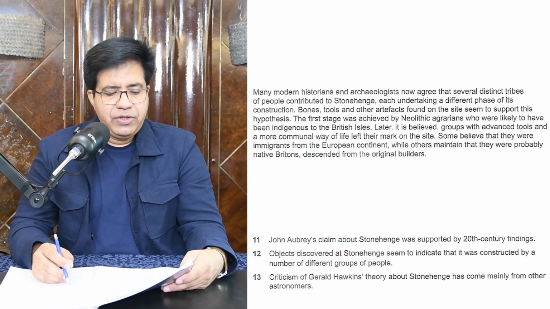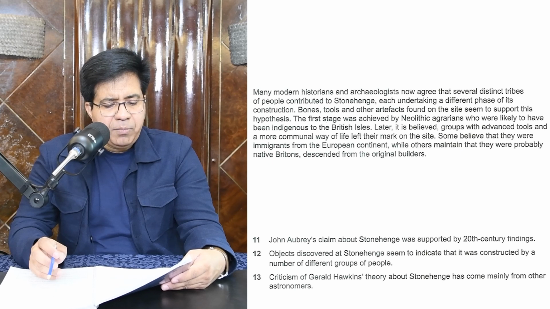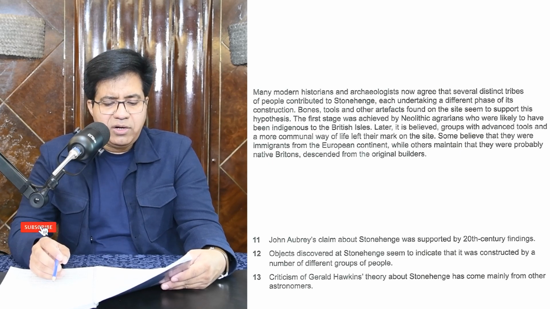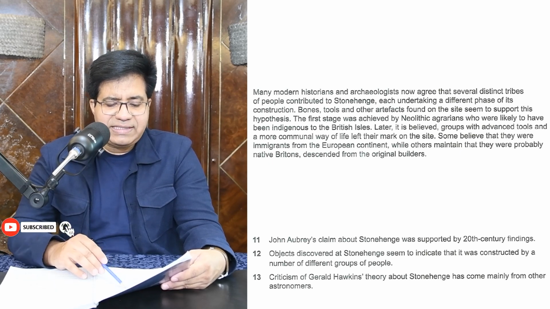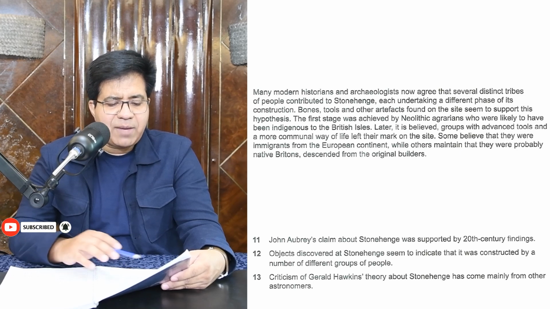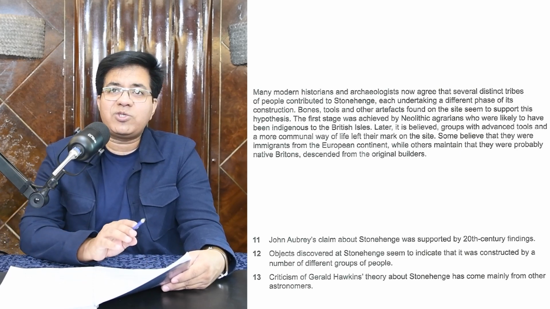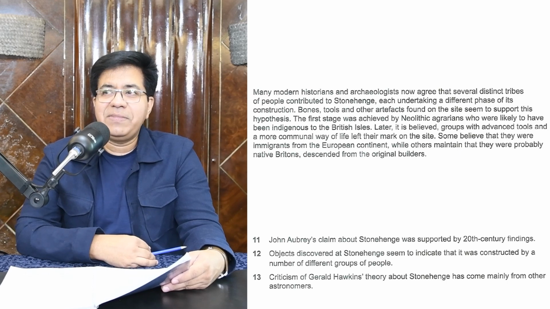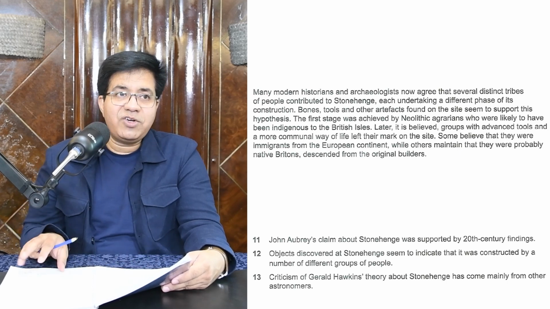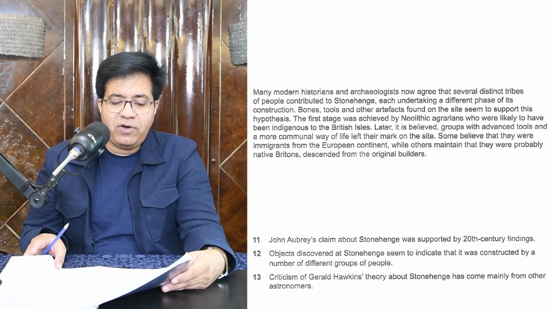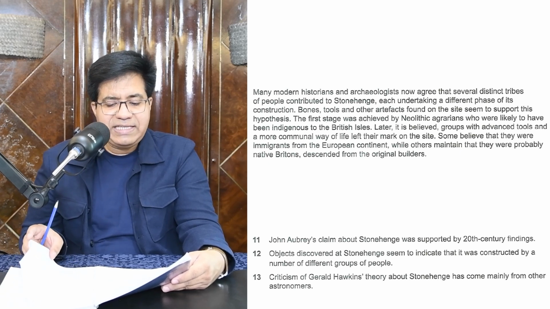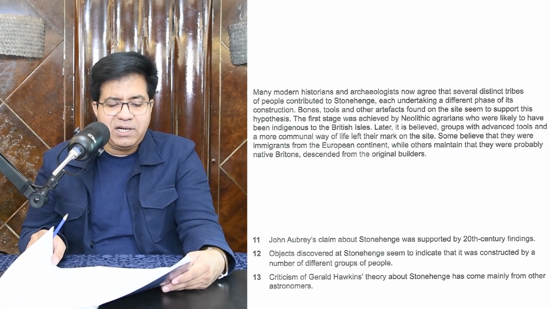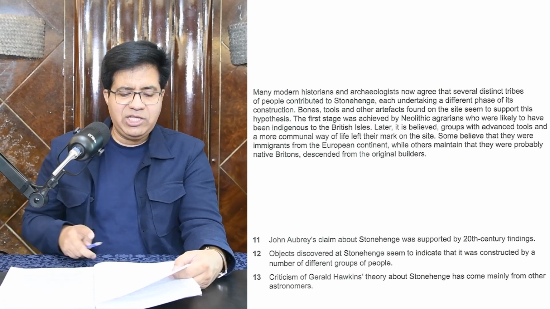Title page, third paragraph. Many modern historians and archaeologists now agree that several distinct tribes of people contributed to Stonehenge. What does it mean? It was constructed by different groups of people. For different groups of people, they use the words several distinct tribes of people contributed to Stonehenge.